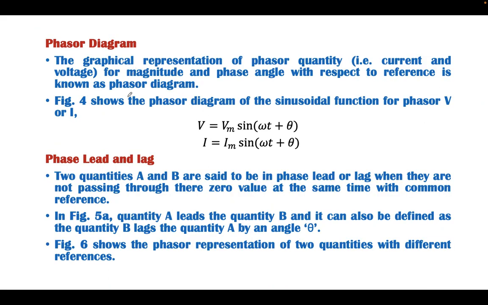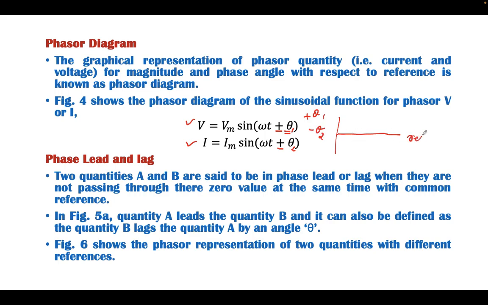Now, from this graphical representation, suppose we have two quantities, one voltage and another current, and in this case current and voltage may have some angle, plus or minus, with respect to the reference. If V is at theta 1 and I is at theta 2, then taking the reference, V is at plus theta 1, whereas I is at minus theta 2.